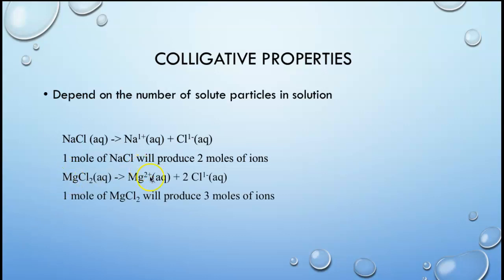Now if you compare that to magnesium chloride, magnesium chloride is going to split up into magnesium ions and chloride ions. Now this 2 right here means that you have 2 chloride ions for every 1 magnesium. So 1 mole of magnesium chloride will split up into 1 mole of magnesium ions and 2 moles of chloride ions.